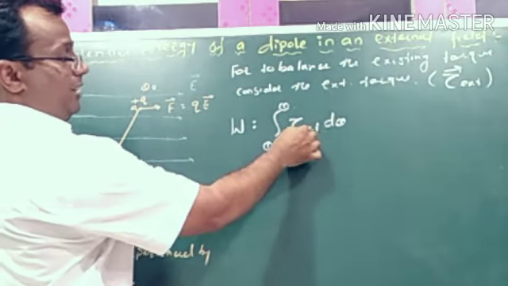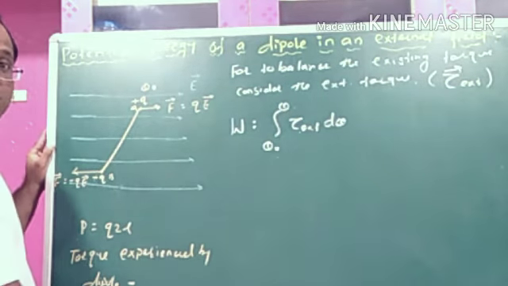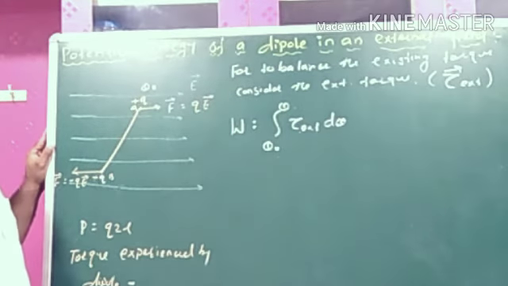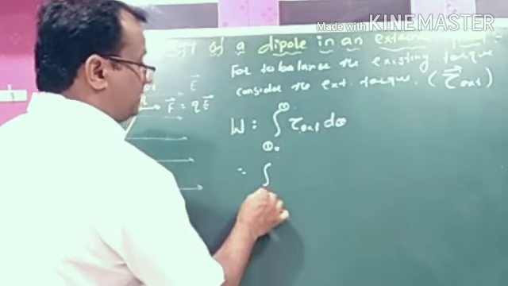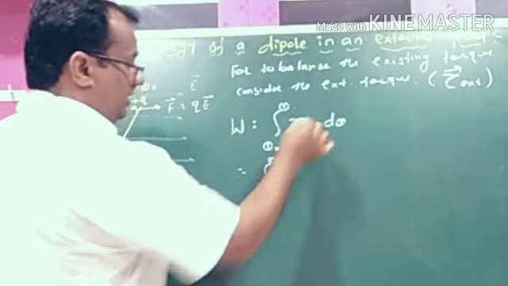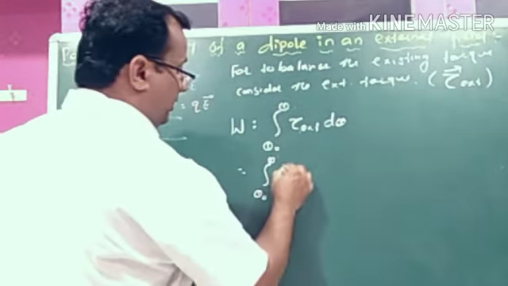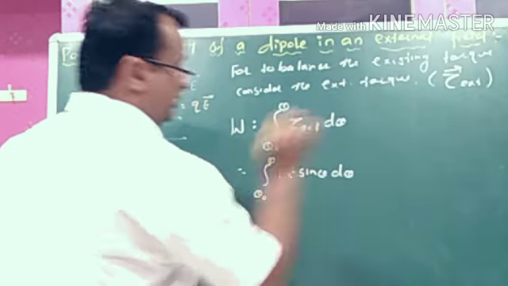The value of tau external is nothing but the existing torque, because their magnitudes are the same and they neutralize each other. So the integration from theta 0 to theta, where tau external is P E sin theta d theta.